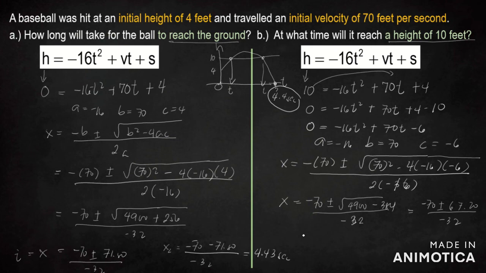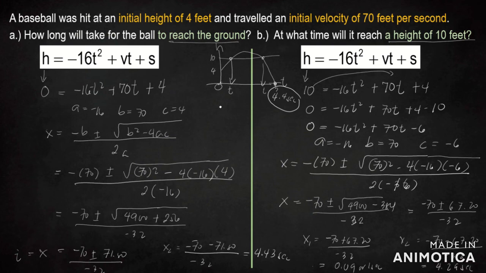Then, we have now x sub 1 is equal to negative 70 plus 67.20 over negative 32, which is equal to 0.09 or approximately 1 second. Then for the second x value, we have negative 70 minus 67.20 over negative 32, which gives 4.29 seconds.